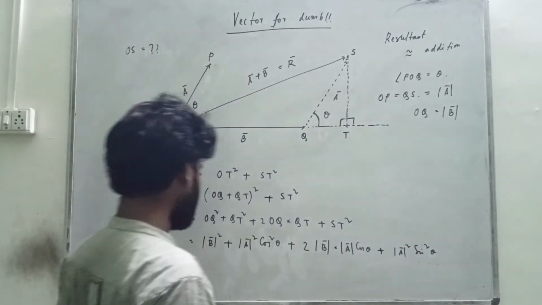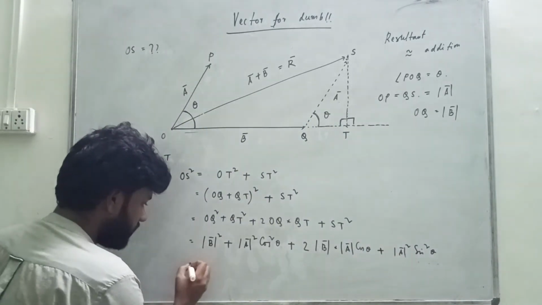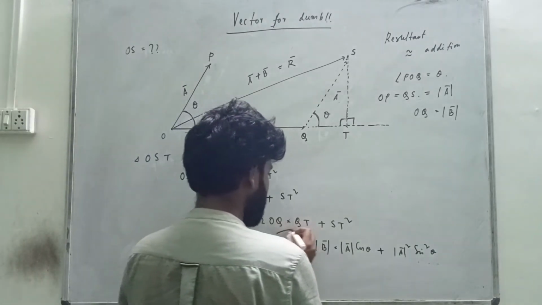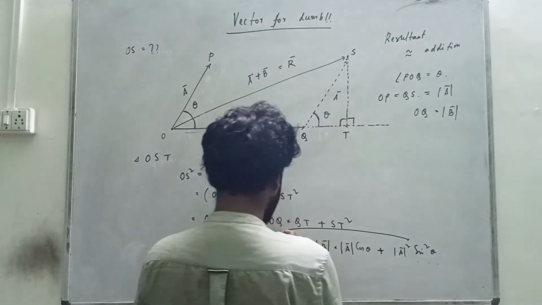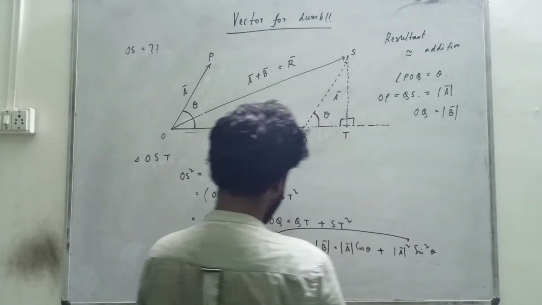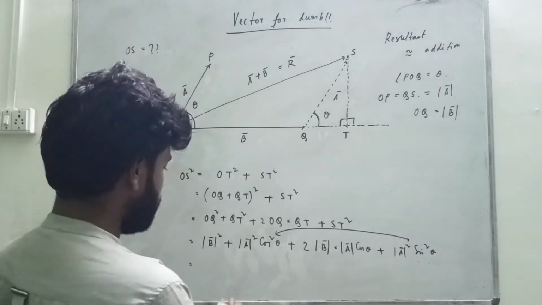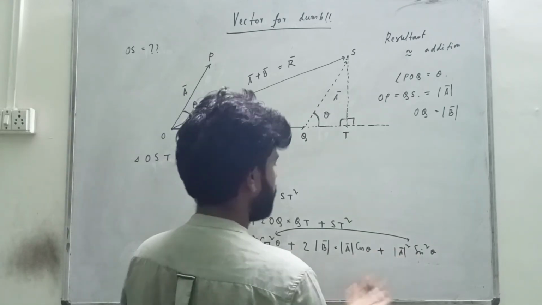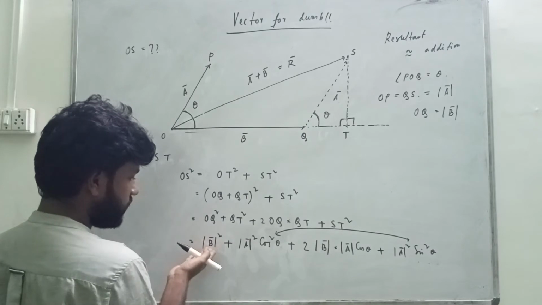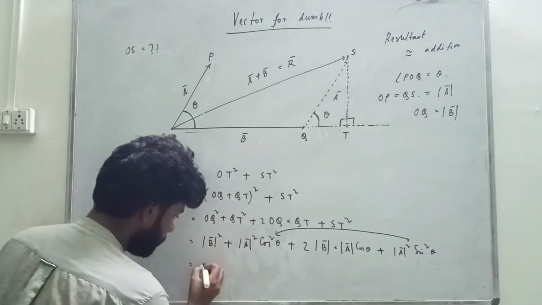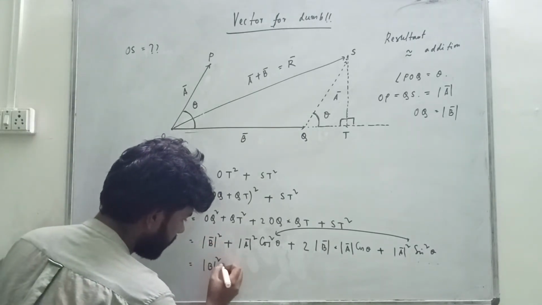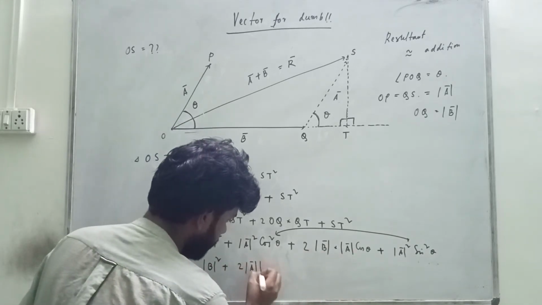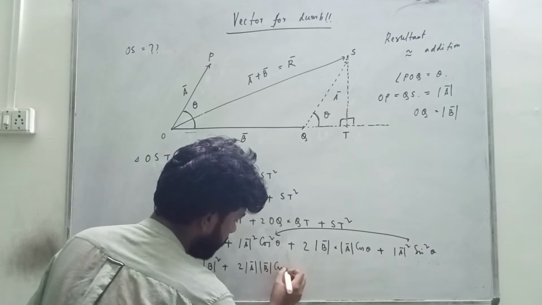And just look at this stuff, the second term and the last term. Here is the common factor, mod A whole squared. It is a common thing, right? So you can take it common and first of all write mod B whole squared plus this thing, 2 mod A mod B cos theta.